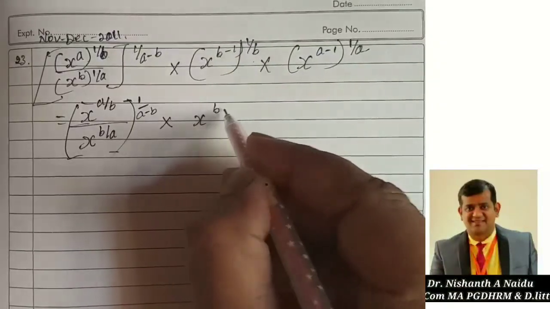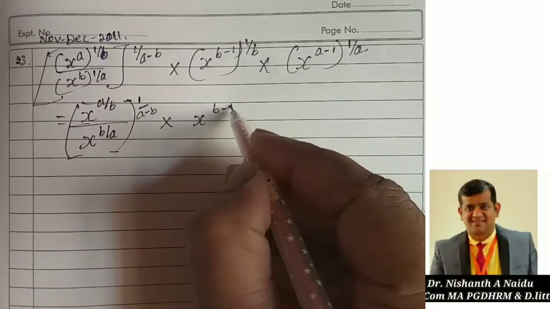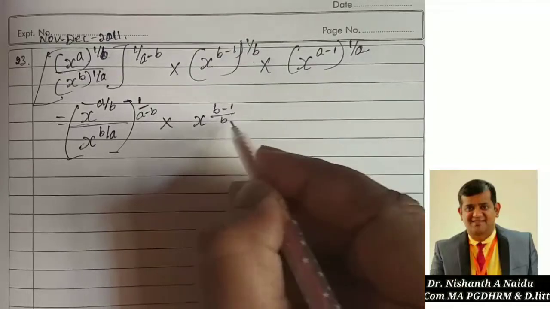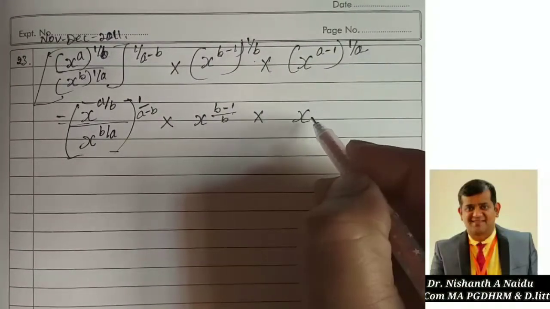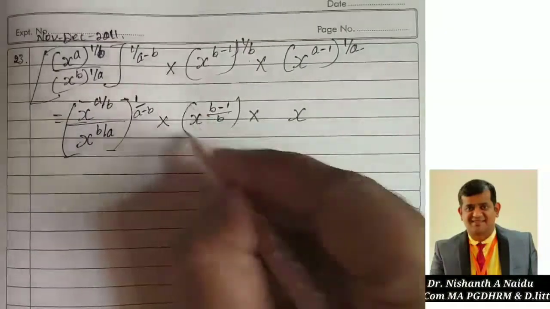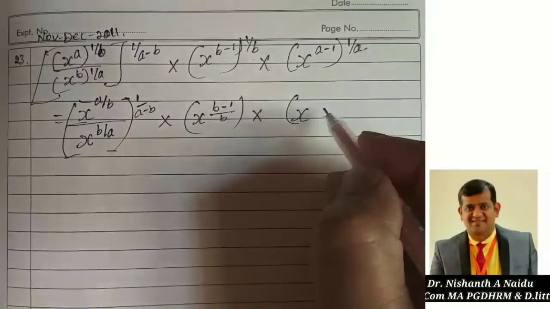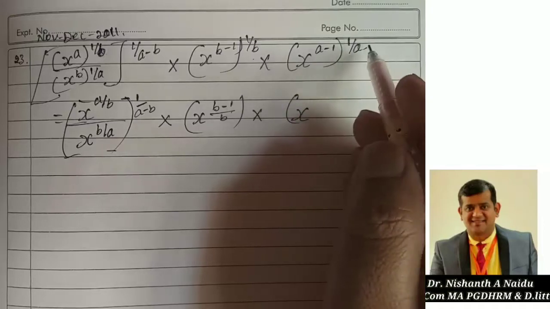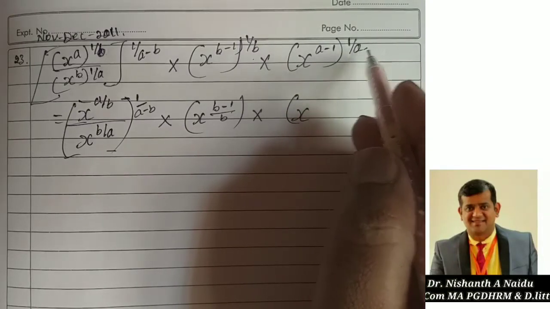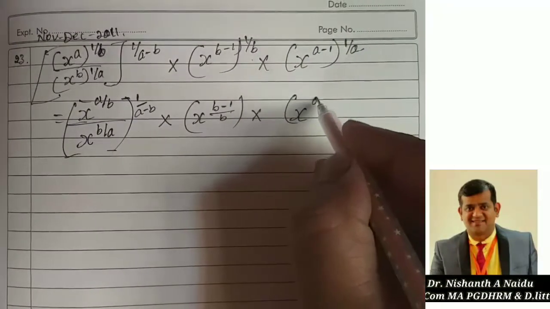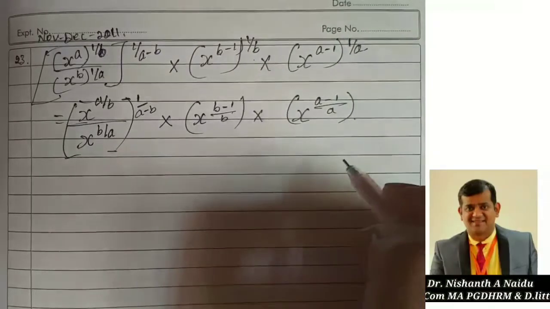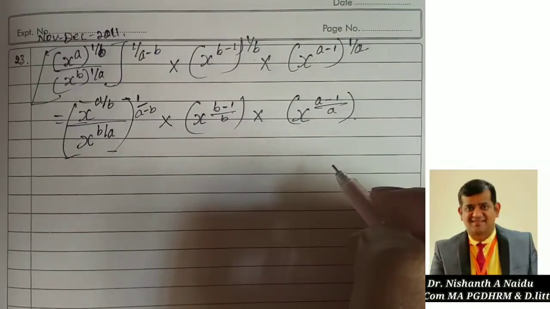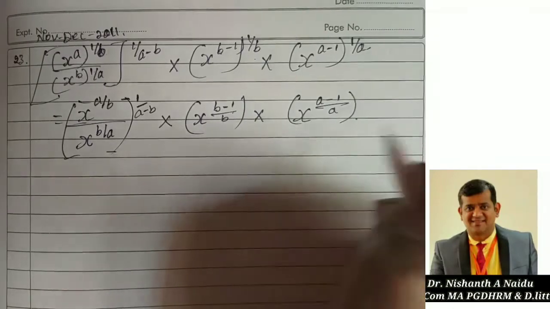So x to the power b minus 1 divided by b, into x to the power, let us put a bracket so that you don't get confusion, a ones are a divided by a, okay, x to the power a minus 1 divided by a. Clear? Any doubt till now?